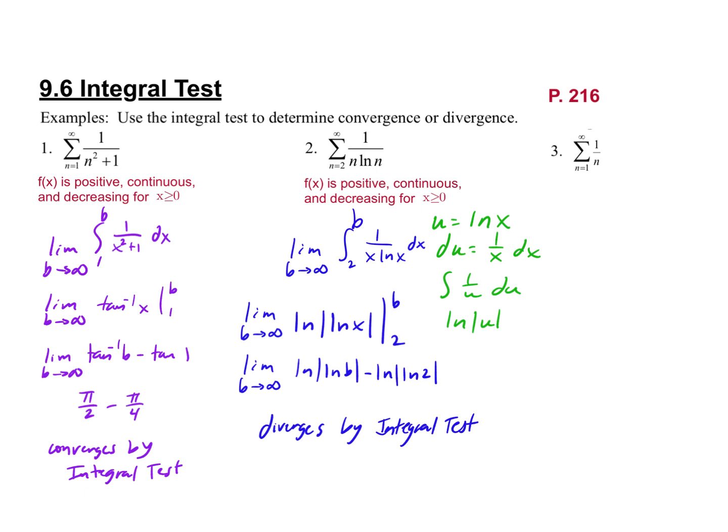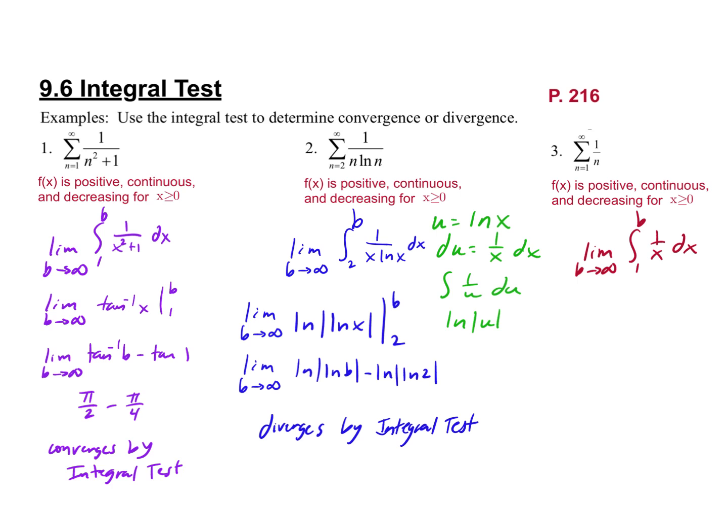Last one, can't ever be 0 since we start at 1, so we're continuous, positive. We're not putting negatives in here, and we go from 1 to 1/2 to 1/3 to 1/4. So we definitely meet all conditions. And this one is pretty straightforward. All right, so I'm taking the limit as b goes to infinity of the integral from 1 to b of 1 over x.